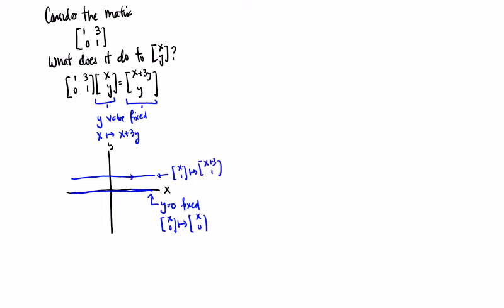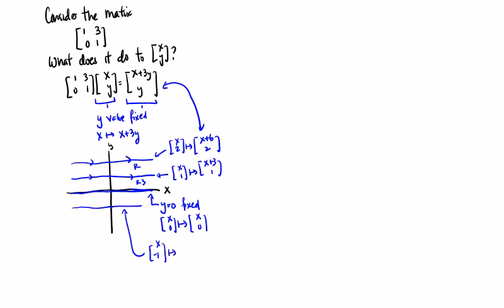So that goes to the right by 3. The next line, right here, (x, 2), goes to (x plus 6, 2). Again, we're using this mapping to find this. So this goes to the right by 6. The line down here, for example, at x negative 1, goes to (x minus 3, 1).